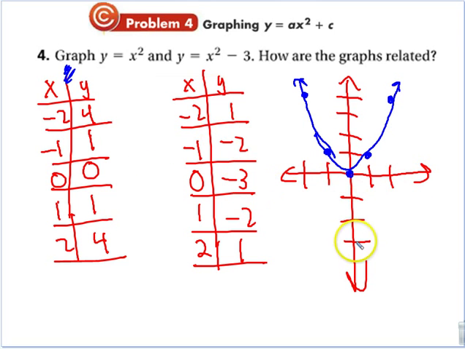This one has 0, negative 3. Well, look at that. They kind of look like the same graph. It's just this one's been moved down. See that? It's been moved down 3.